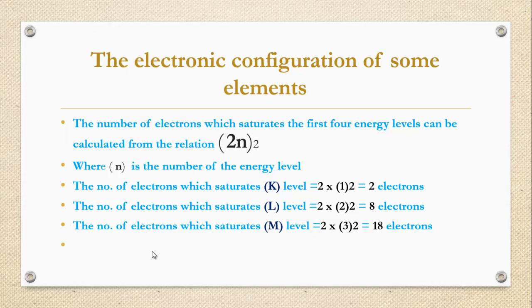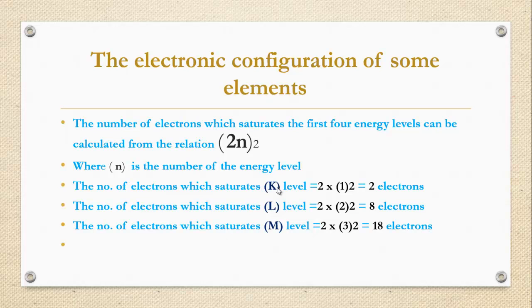You can calculate the number of electrons in each energy level by the rule 2n power 2, where n is the number of the energy level. For the K level, it is saturated with 2 electrons.